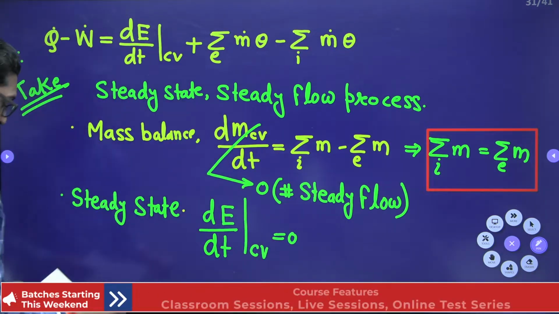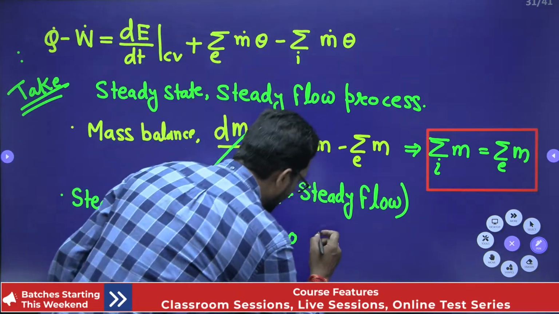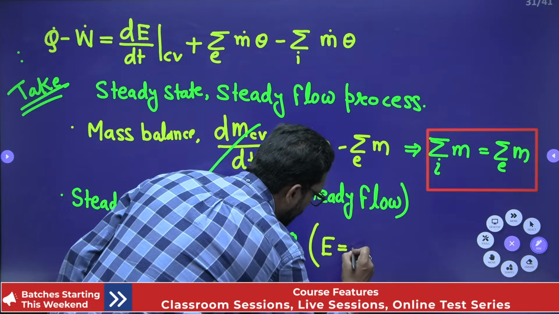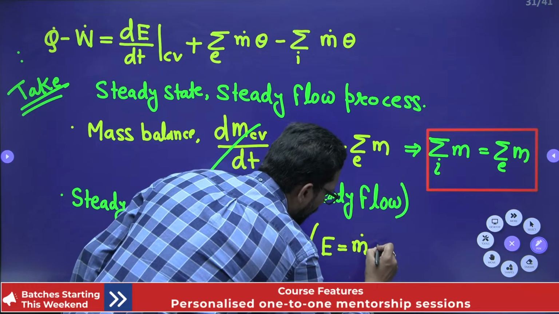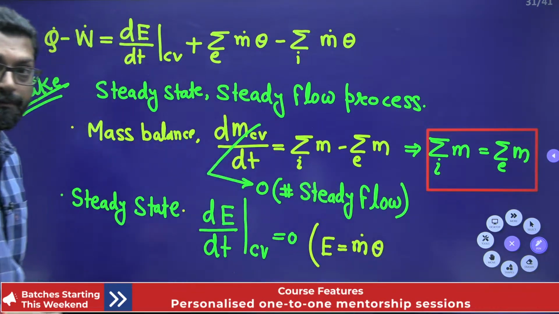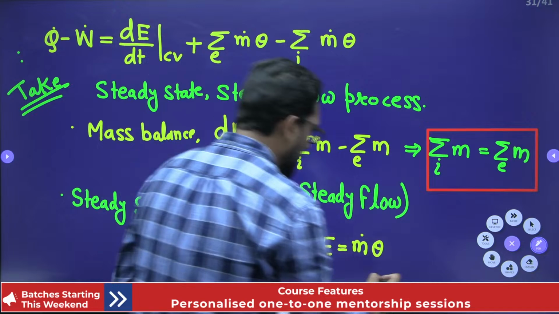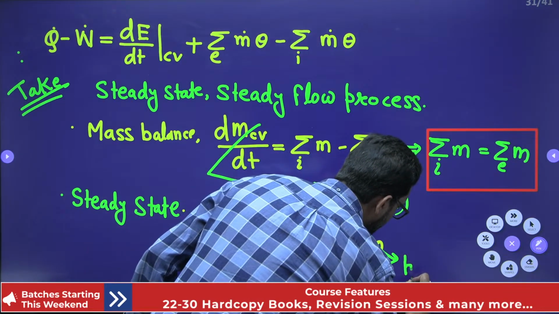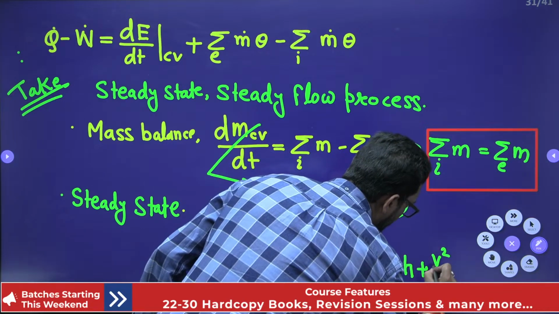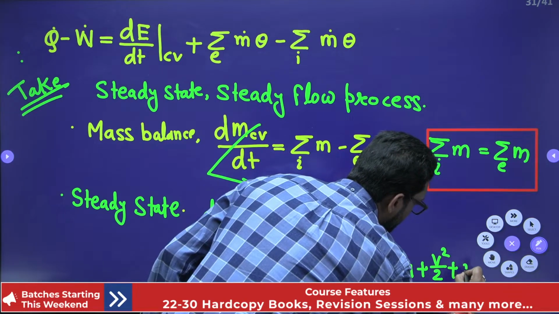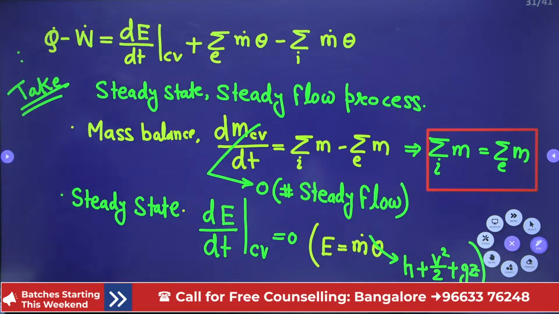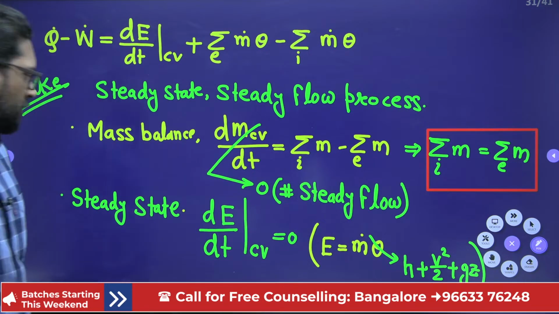This is for the steady state, very important. And here E is equal to m dot into theta. Yes or not? And what is this theta? This theta is h plus v square by 2 plus gz. Yes or not? This is your steady state.